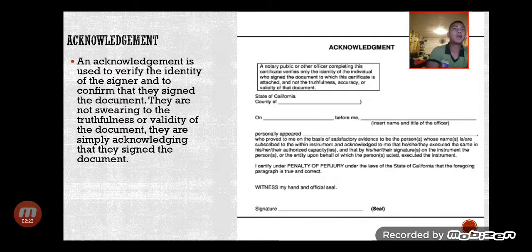So ang acknowledgement pala is a document that only verifies the identity of the signer by stating their name in the document. So by indicating their name, it shows that they have definitely signed the document, simply making his or her identity known, that he has definitely seen and signed the document.